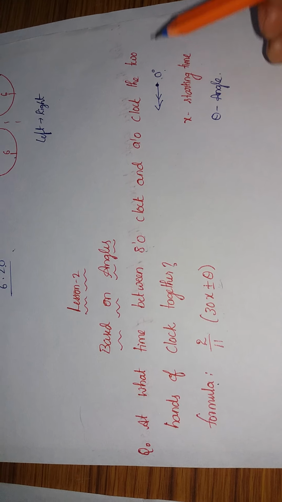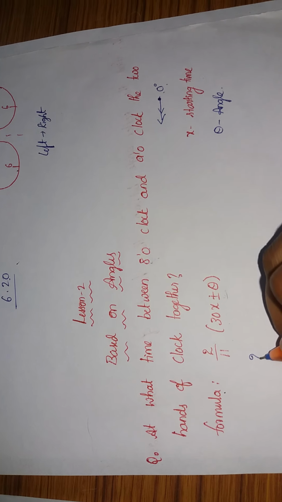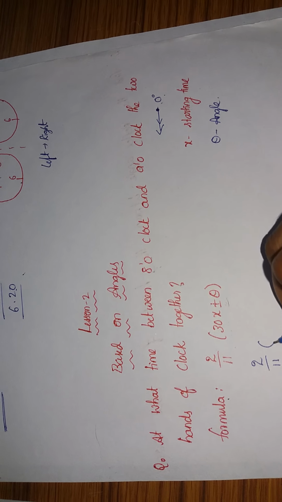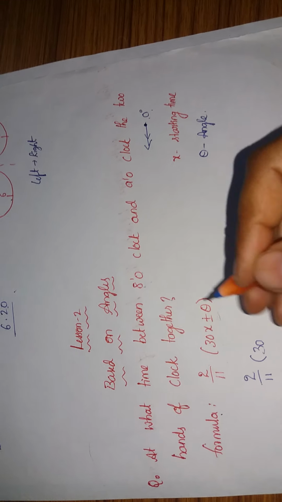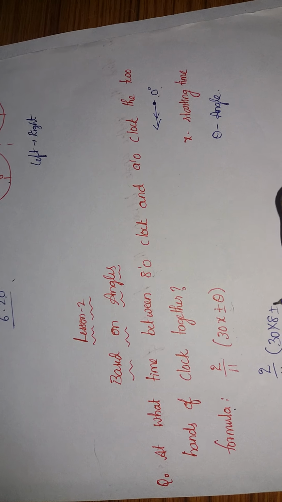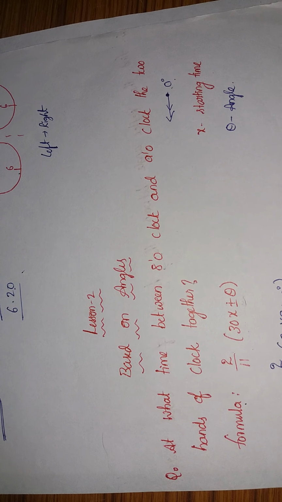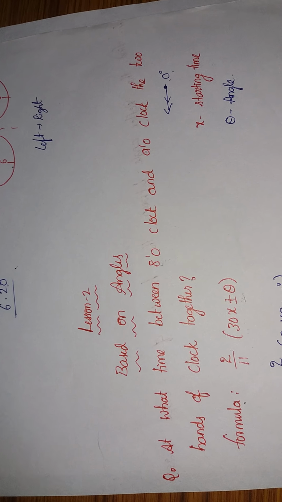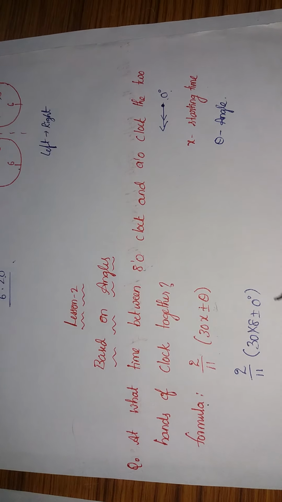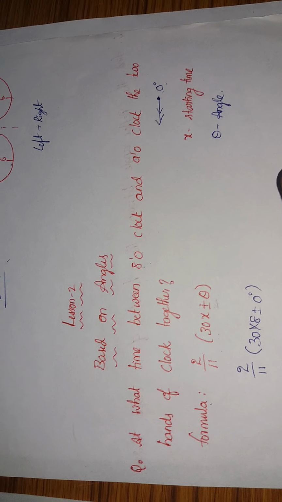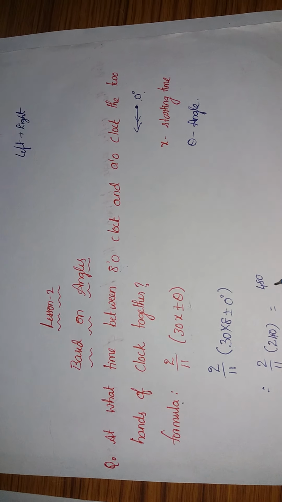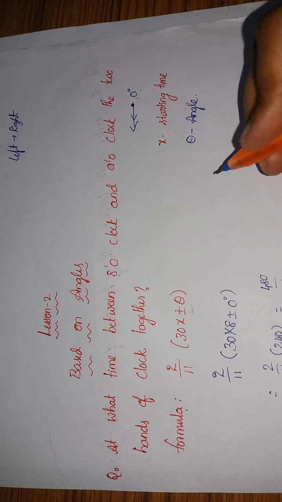Together means 0 degrees. So by this formula we can substitute 30 into x, the starting time, that is 8, plus or minus 0. That is 2 by 11 into 240, that is equal to 480 by 11.